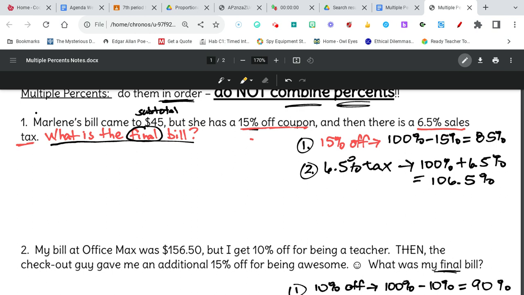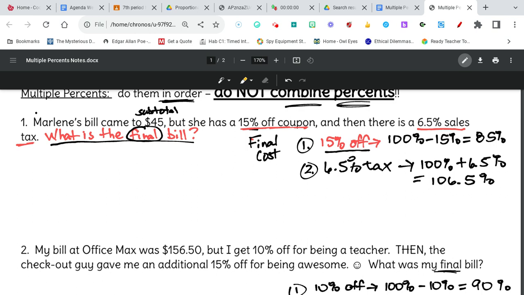Since I'm looking for the final cost, I'm going to use the methods that I showed you when I first introduced percents on those cards, like card 1, card 2, card 3, and card 4. All right, so the first thing we know is that she's receiving 15% off.